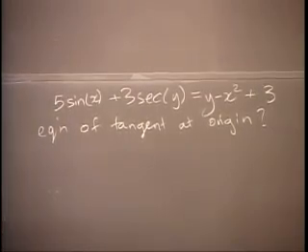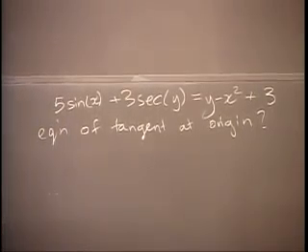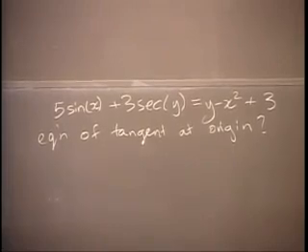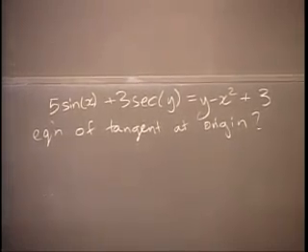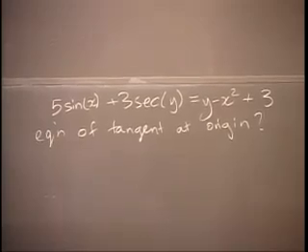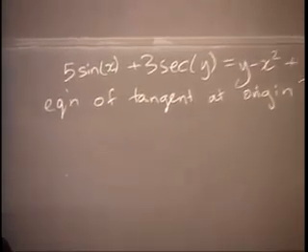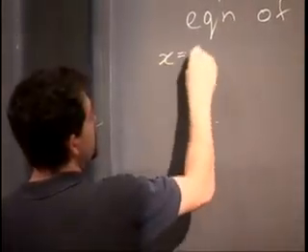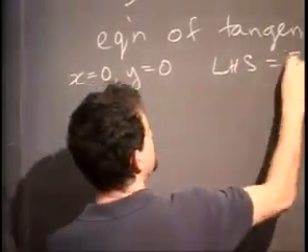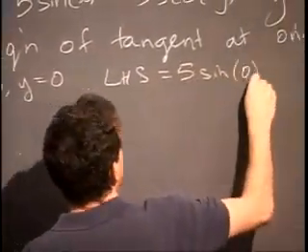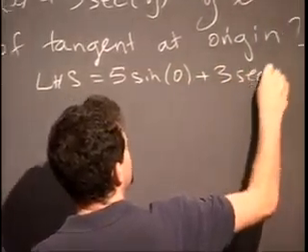So, first of all, I think it's a good idea to do a sanity check and make sure that the origin is actually on the curve. I say, what's the equation of the tangent at the origin? It'd be pretty nasty if we asked a trick question where the origin wasn't even on the curve, but it's conceivable. Let's just check. When x equals 0 and y equals 0, the left-hand side is 5 sine 0 plus 3 secant 0.